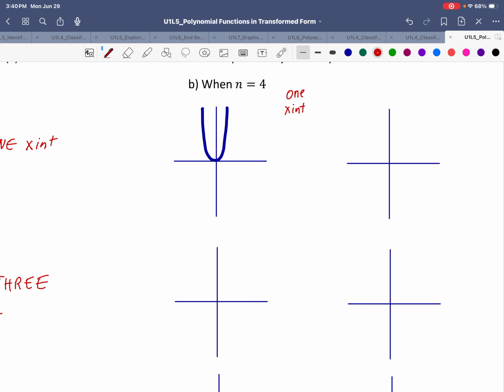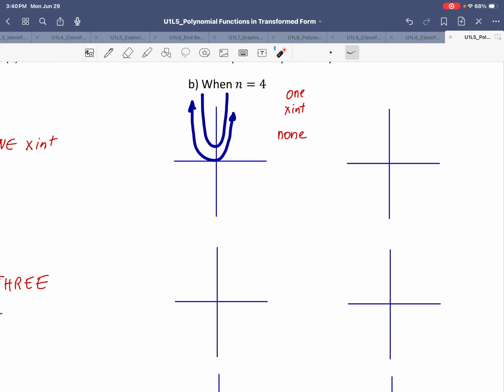If we move this graph a little bit higher, you see that this graph can escape the x-axis, make no intersections, and the graph can have no x-intercepts. So one x-intercept or no x-intercept.